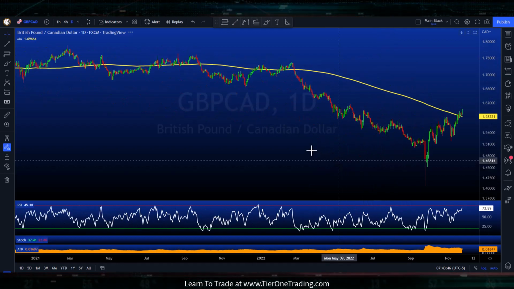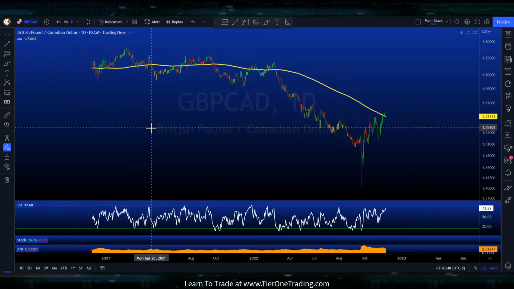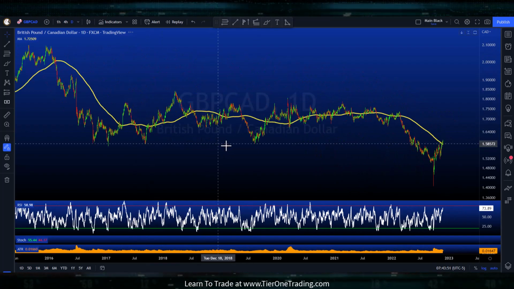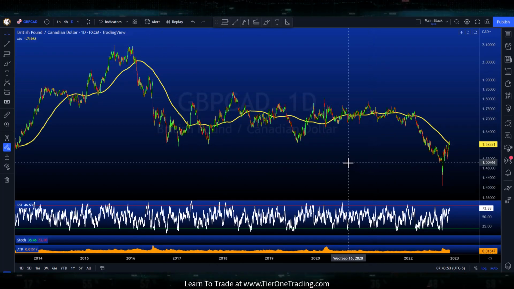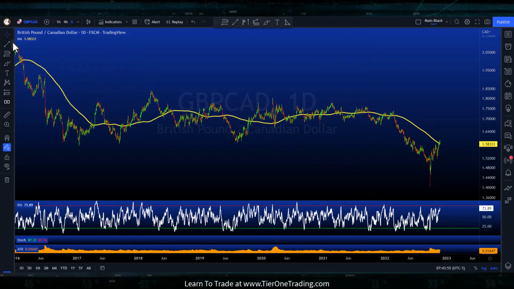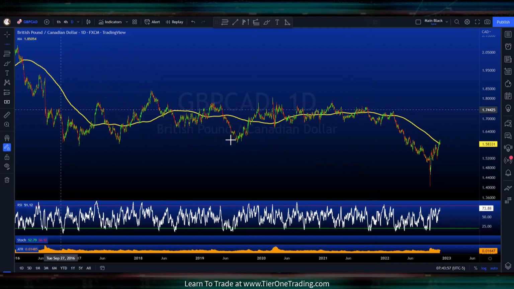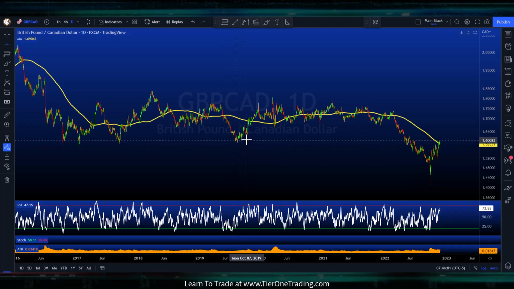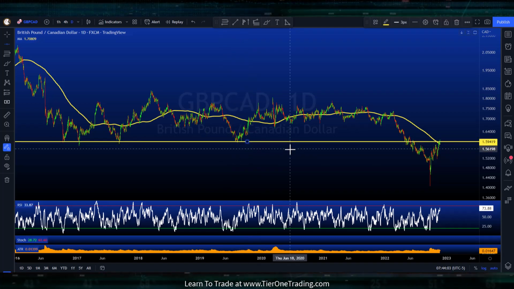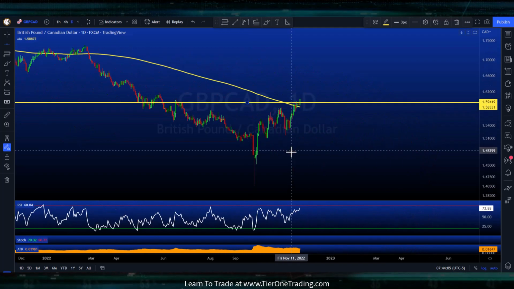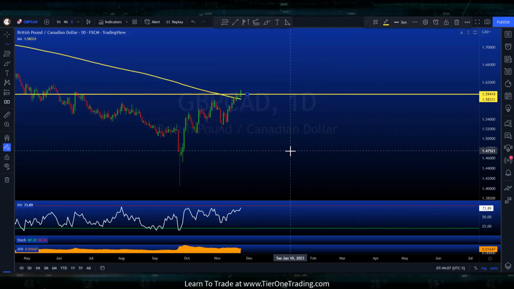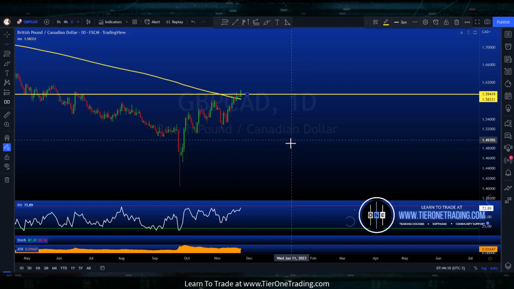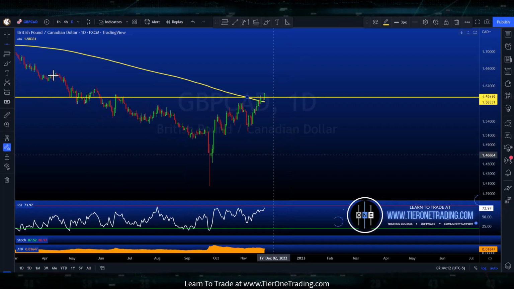So we got pound Canada like this. We can see our structure shelf in here, right? And that's the level where we're kind of approaching. So I would say this: for me, it would not be approaching a level for bearish continuation, and there are a few reasons for that.